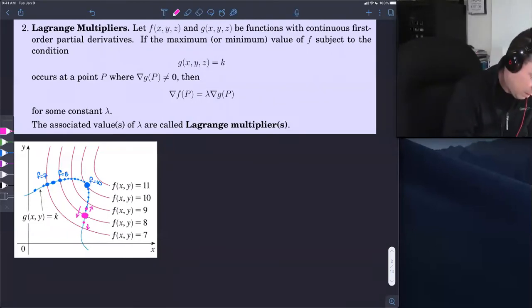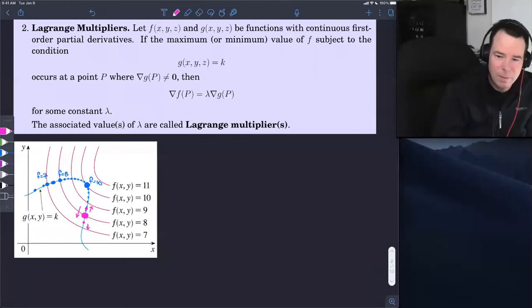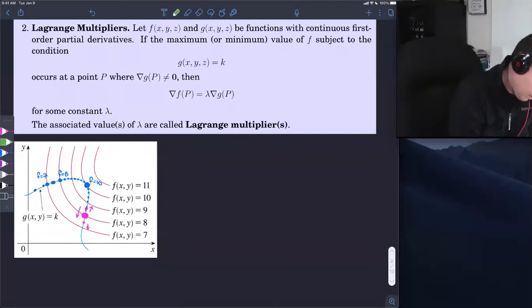The reason I'm getting an extreme point at 10 is because my level curve is tangent to the blue curve. So the blue curve and my level curve are tangent to each other. There's a point of tangency there.